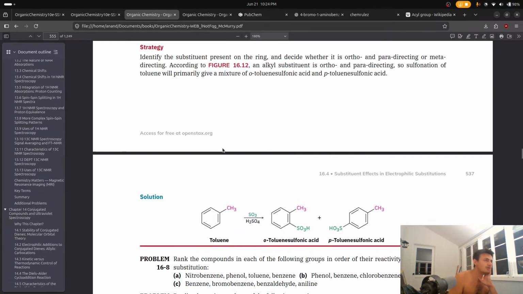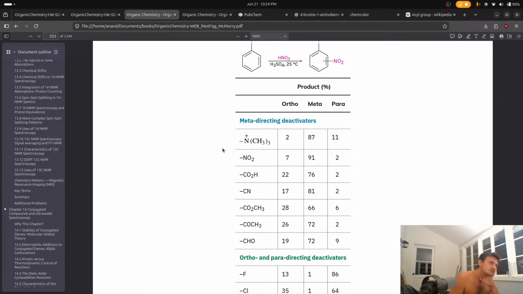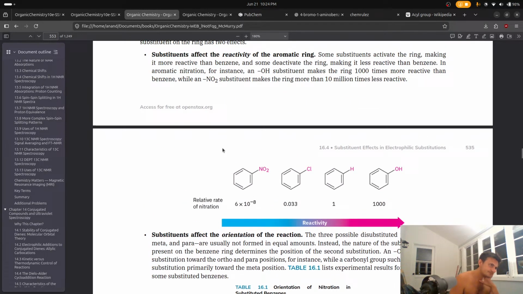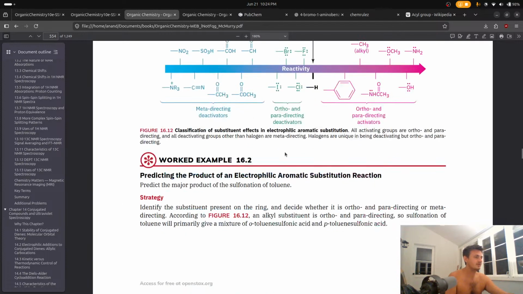So then I just go to the table, right? I'm not going to memorize this, am I? So phenol is 1, toluene is 2, benzene is 3, and nitrobenzene is 4. That's my guess.